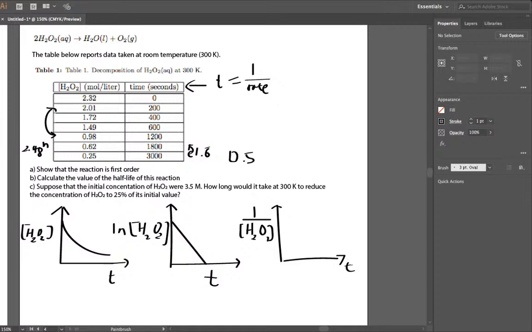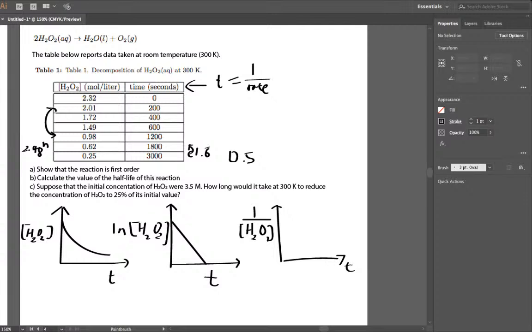0, 200, 400, 600, 1200, oh whoops, 1200 is there, this is 1800, and then lastly it was 3000.